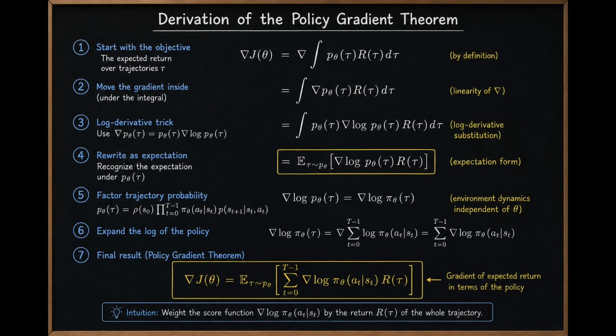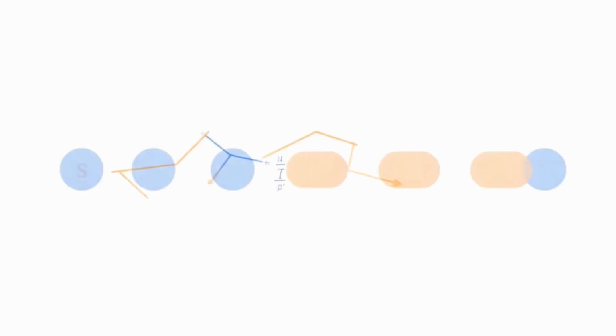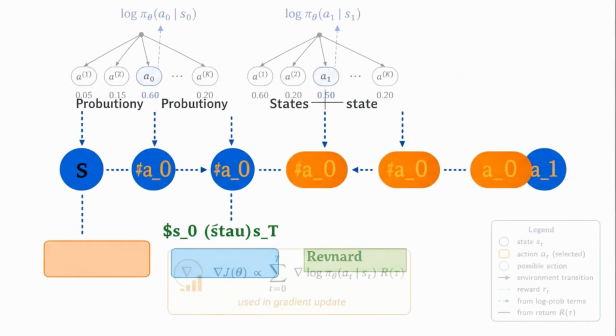Now, and this is the key step, we want to bring the gradient inside the integral. The reward R of tau doesn't depend on theta at all. Only the trajectory probability p sub theta of tau does. So, equals integral del sub theta p sub theta of tau dot R of tau d tau.